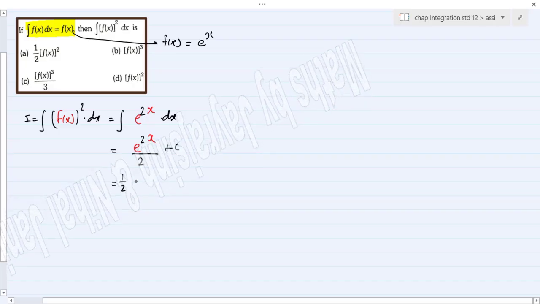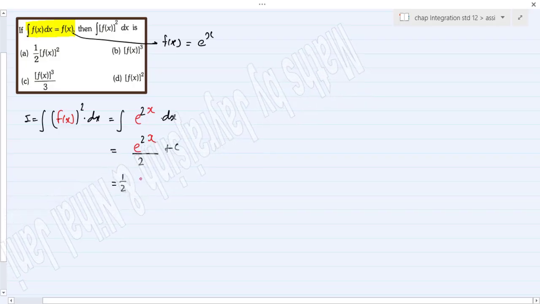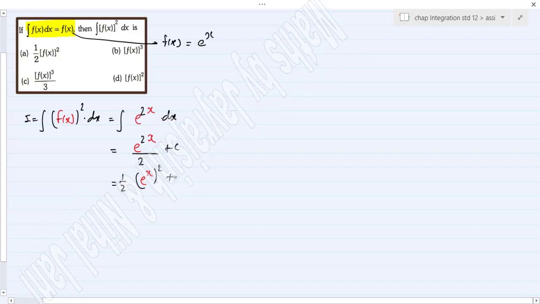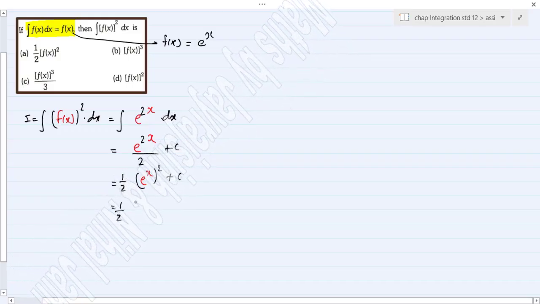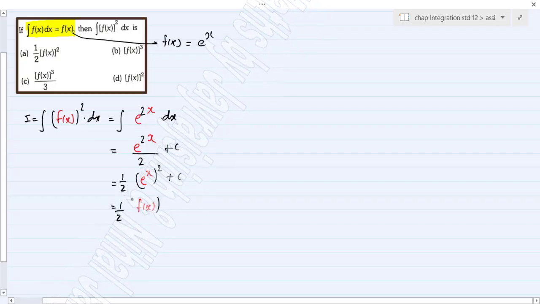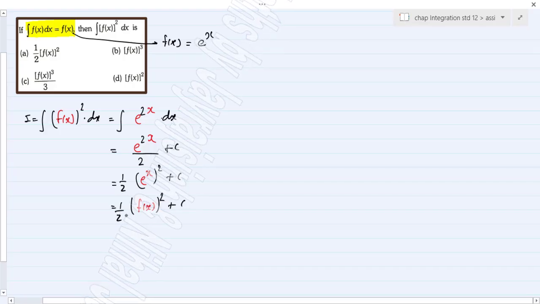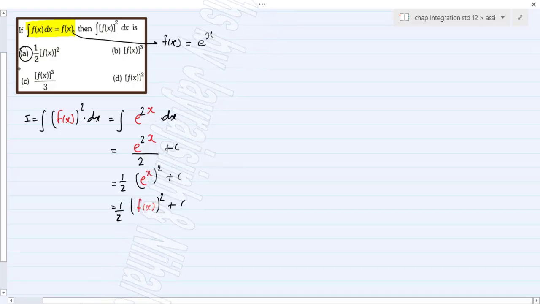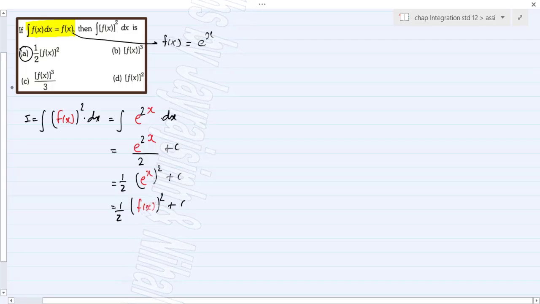Now let's rearrange, or we can say simplify: e raised to x the whole square plus c. So we can say this is nothing but f(x) the whole square plus c by 2. Here's your final answer, which is option 2. Ta-da!